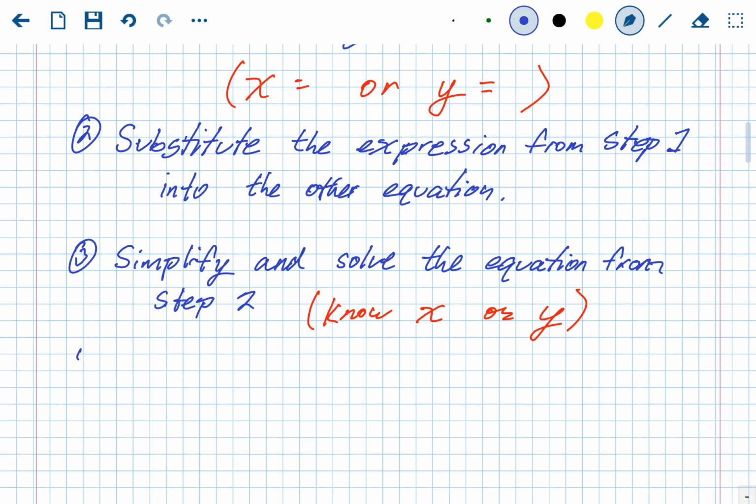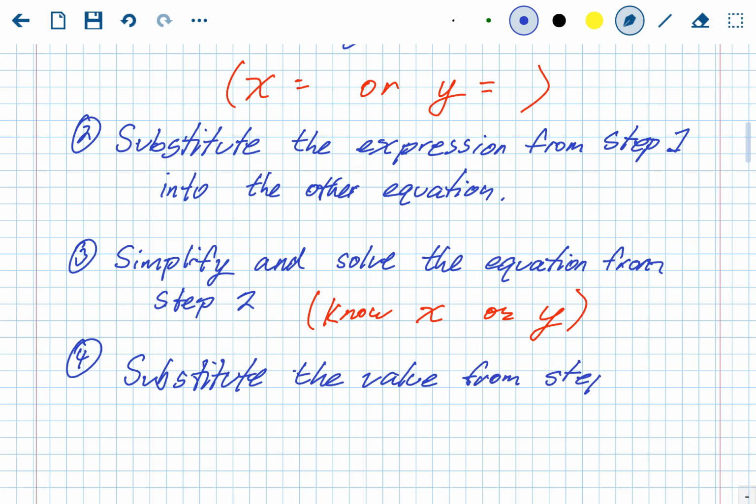In substitution, you're going to have a second substitution. So step 4, you're going to substitute the value from step 3 into either equation. So remember, you have two equations to choose from.